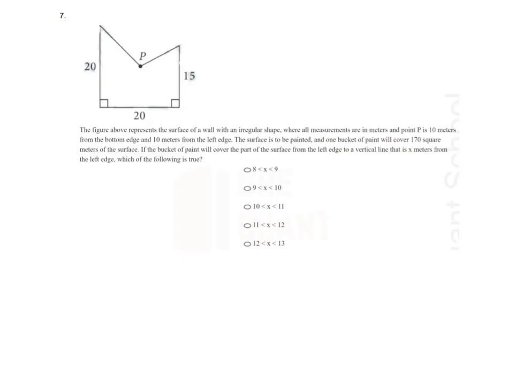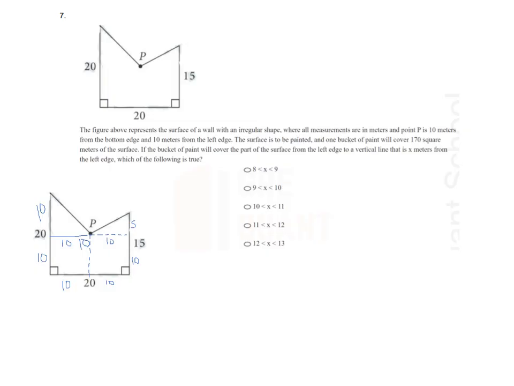So we'll start painting from the left side and we'll stop when the paint will cover the 170 square meters. Okay. How can I do it? It doesn't have an irregular shape. So let us see what can I do. The lower base is 20 and we're given that P is 10 meters and the height of the right side is 15.